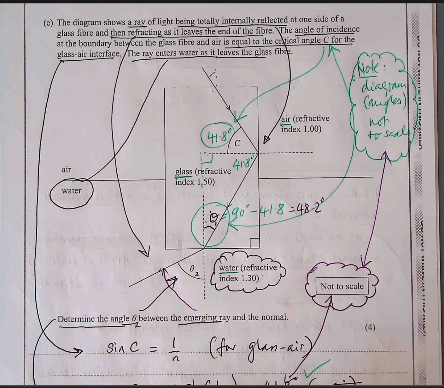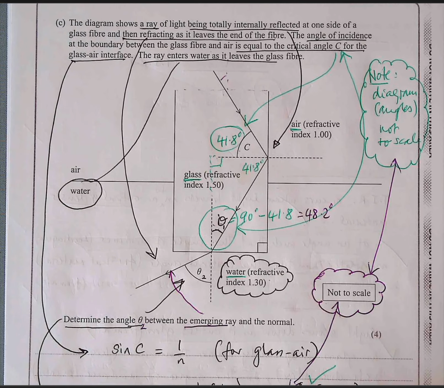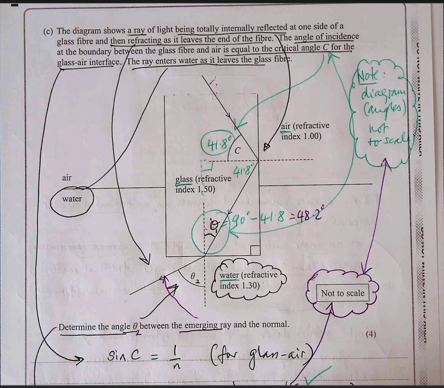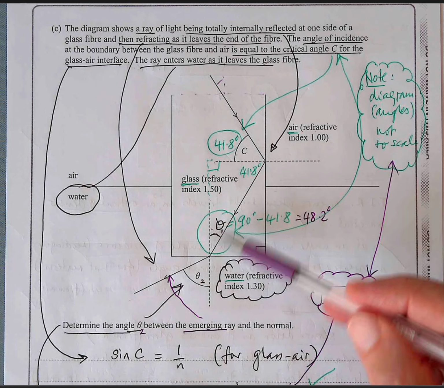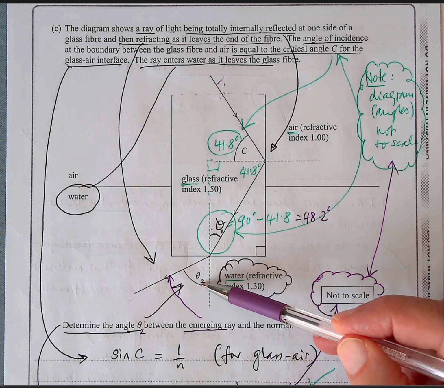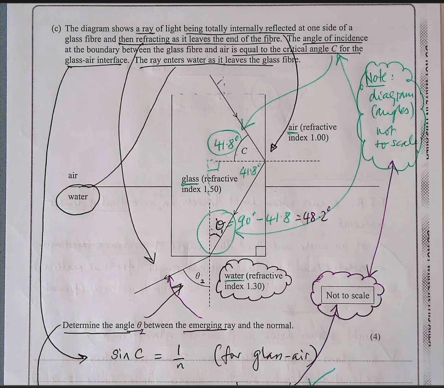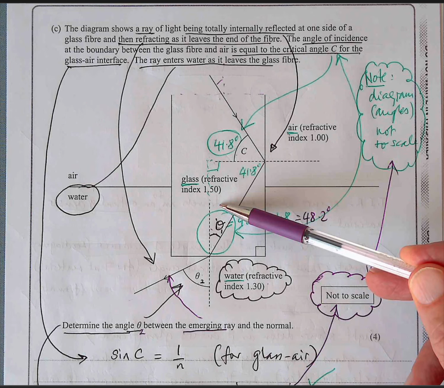Then you use the equation here, which is given to you in the back of your exam. Yeah, and this time is for glass and water. So we know theta 1, so that's why I changed theta to theta 2. They want us to work out theta here. So this is theta 1, this is theta 2. So once you do that, you know that N1 is for this material, theta 1 is for this material, which is glass.